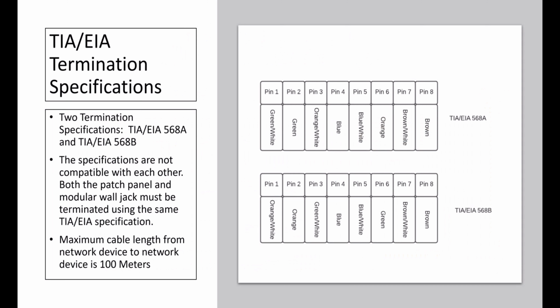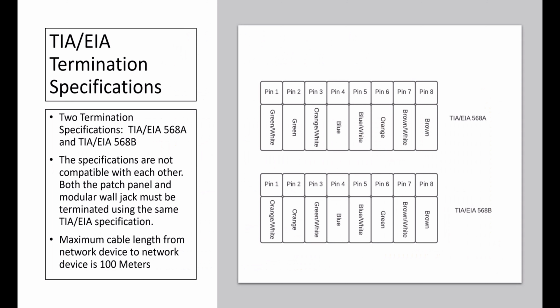So in the TIA EIA 568A, pin 1 is green-white, pin 2 is green, pin 3 is orange-white, 4 is blue, 5 is blue-white, 6 is orange, 7 is brown-white, and 8 is brown.